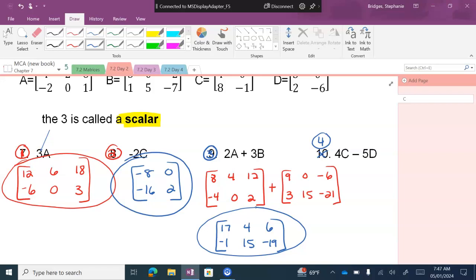Over here. I need to empty it. Number 4. So 4 times C, 5 times D, and then you're going to subtract.